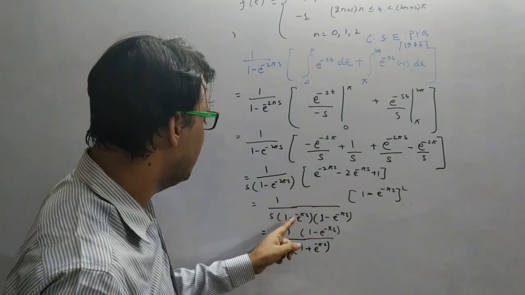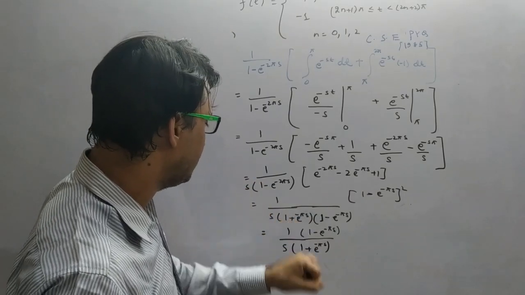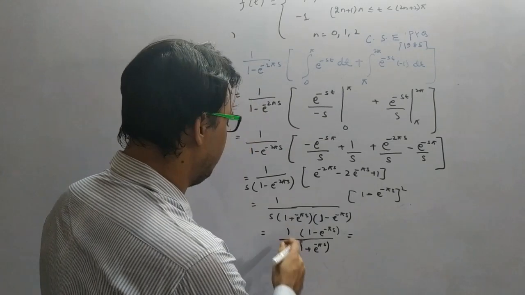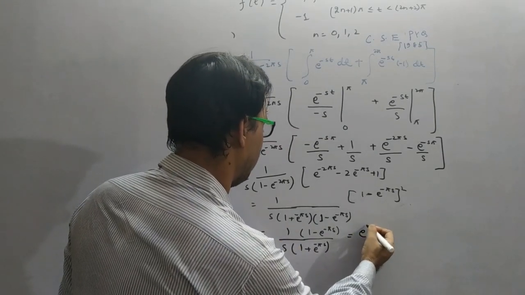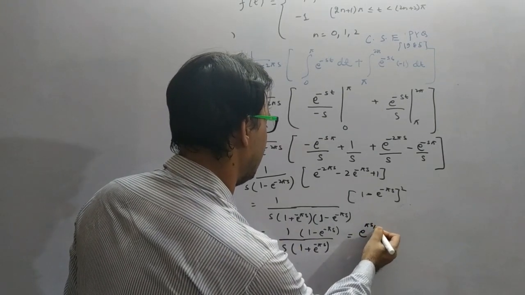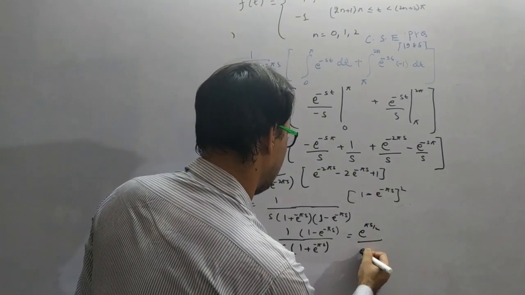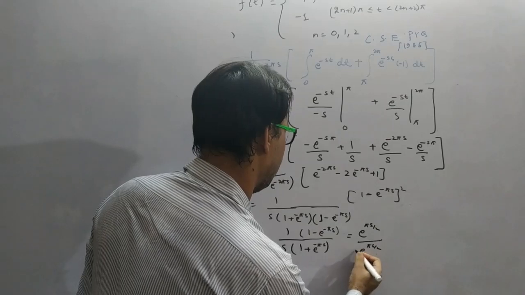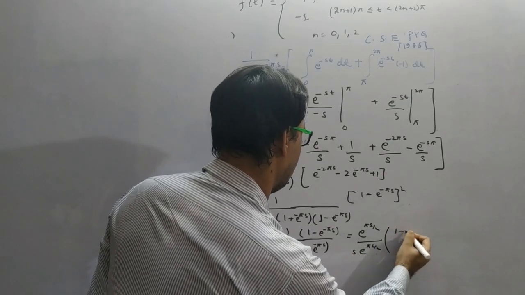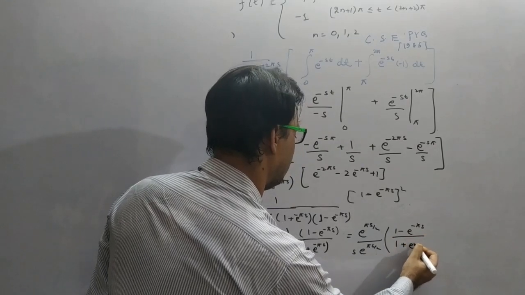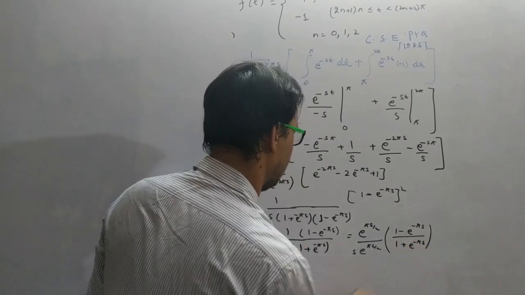So we have made a mistake here, so we must rectify it right away, and we proceed. What we do, we multiply both sides by e to the power pi s by 2 and divide the same. 1 minus e to the power minus pi s divided by 1 plus e to the power minus pi s.